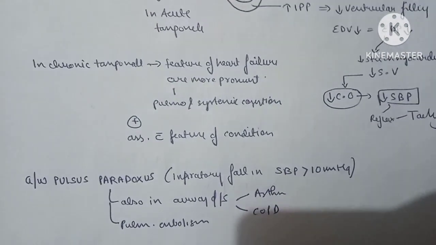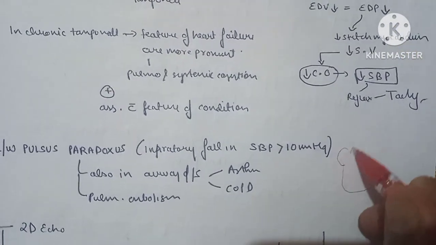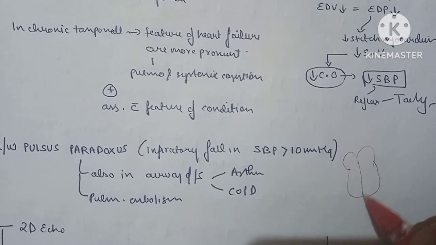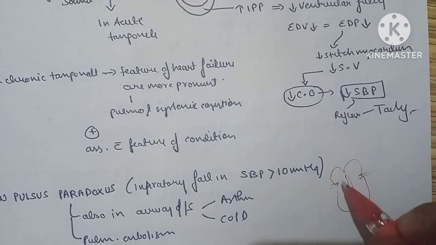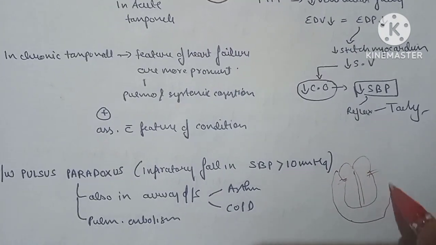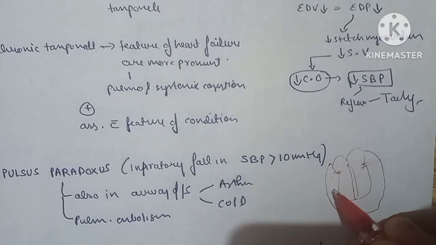That is, it is also associated with pulsus paradoxus. Now what actually is pulsus paradoxus? So we have this heart. This is the right side and this is the left side, and this is our pericardial sac. So what actually happens in case of inspiration?